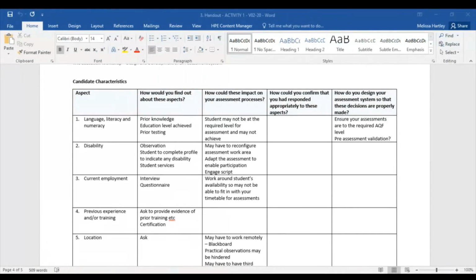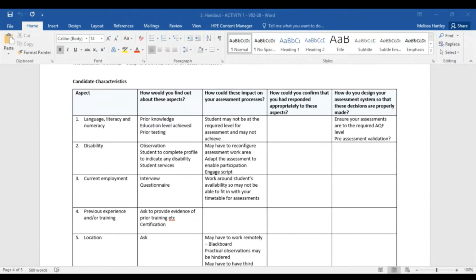Now, of course, you need to look at the unit of competency itself and ask, does this unit of competency require sophisticated language, literacy or numeracy? And if it doesn't, then you need to make sure that the assessment strategies you've created don't introduce that. So, for example, if the unit of competency does not require a lot of reading, then you need to make sure your assessment does not involve a lot of reading.